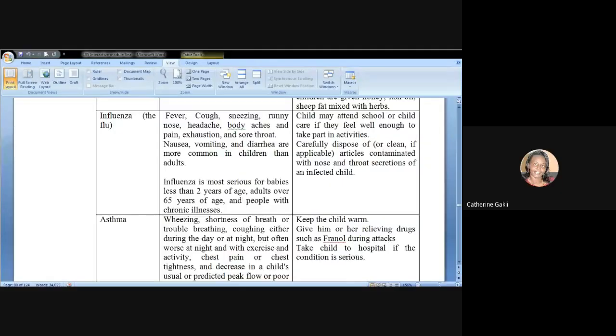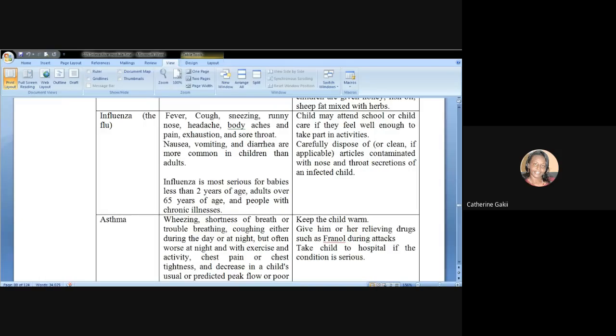and these are common in children. Then influenza is serious for children less than 2 years of age. You need to be seen by a doctor for advice, and it can be worse if it's not treated.